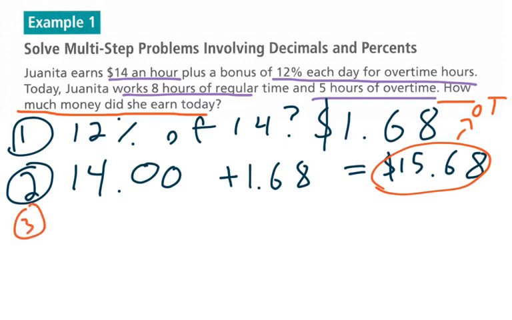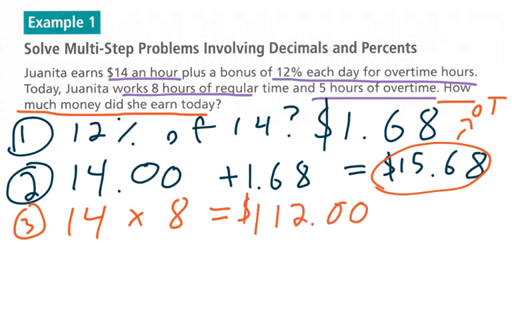Now our third step, we have to add, we've already done that. So now we've got to figure out how much she got in her regular hours and then how much she earned for overtime. So she got $14 an hour, and she worked 8 regular hours. So we're going to multiply 14 times 8, and she got $112 even. And so that's for her regular hours.